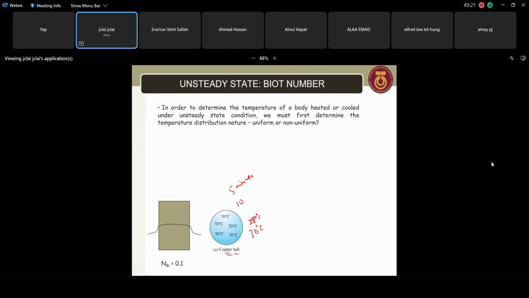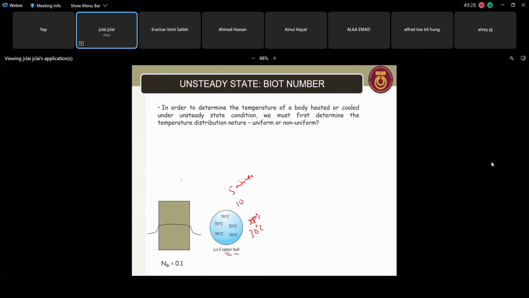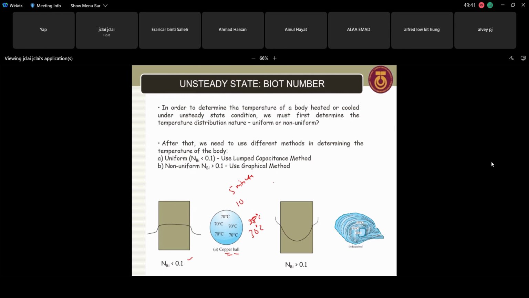If the Biot number is less than 0.1, this is this case. If the Biot number is greater than 0.1, like the case of roast beef, then the temperature distribution is like this.